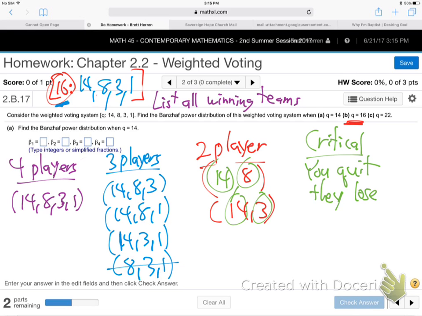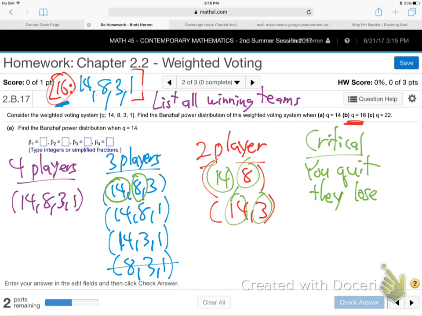How about we get on to the three-player teams? Let's start with the 14. If this 14 quits, they only have 8 and 3. They lose. That's only 11, and they need 16. So that 14 is critical. Now, how about if the 8 quits this team?